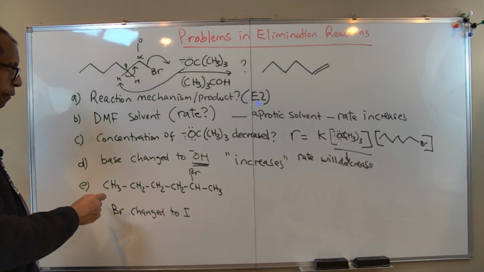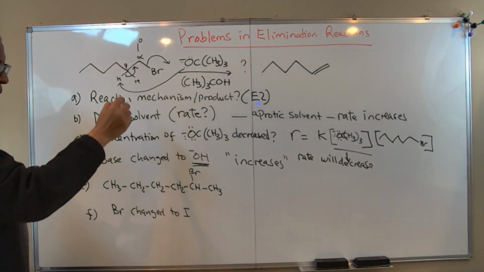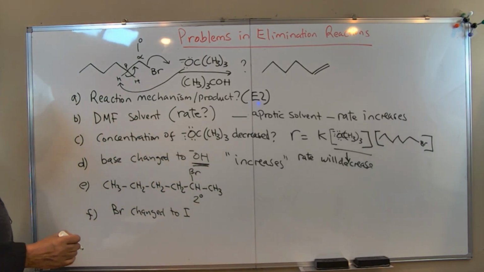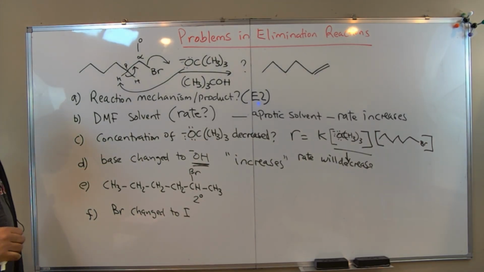How about if we change, instead of a primary, if we start with a secondary alkyl halide, what would happen to form this?